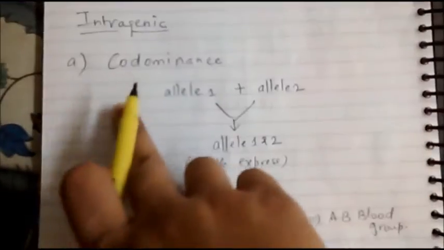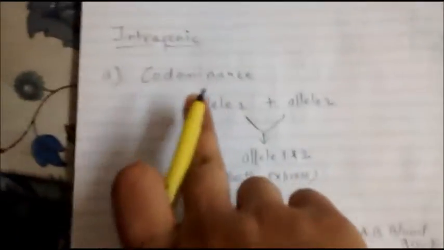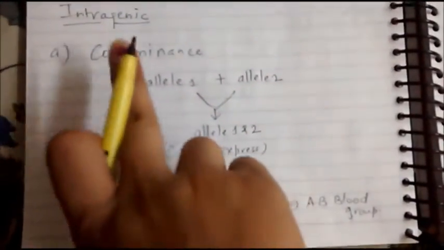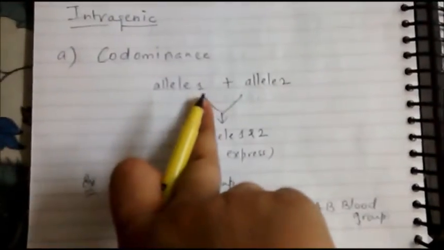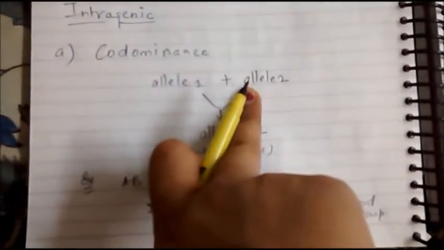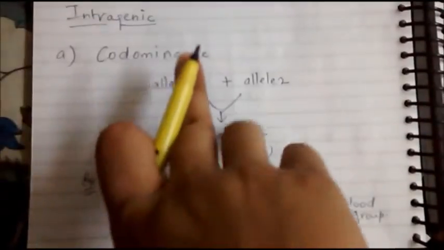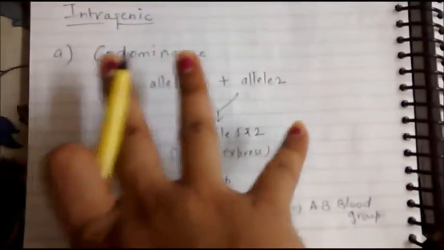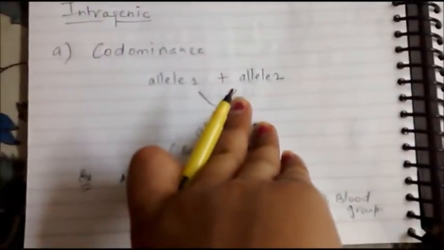So the first example of it is codominance. In codominance, allele 1 and allele 2, as we all know that every gene has two contrasting traits, one dominant and the other one recessive.